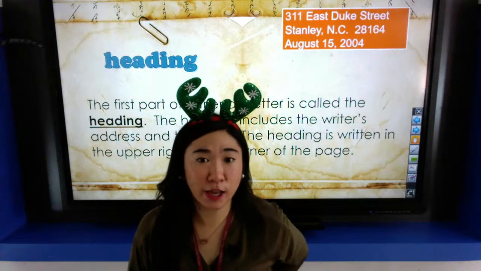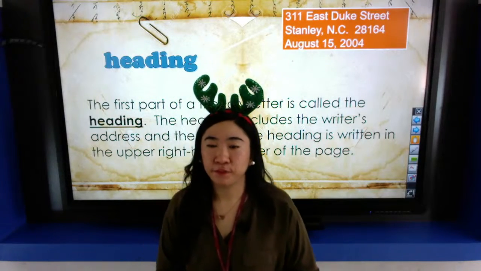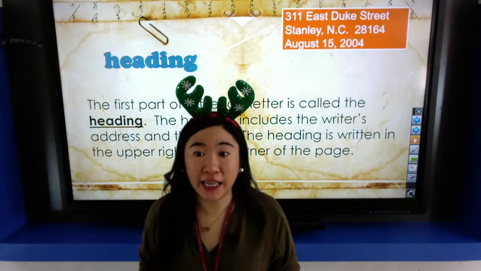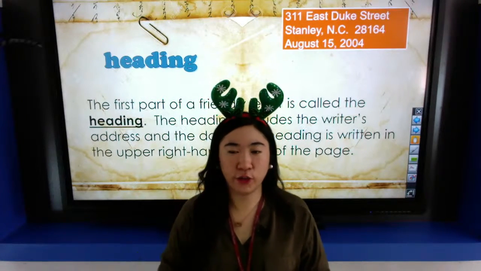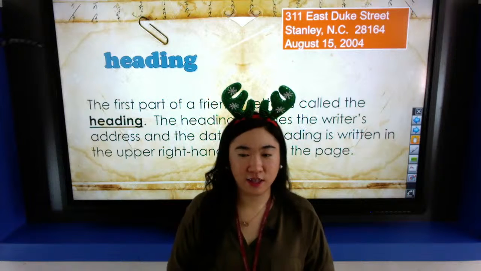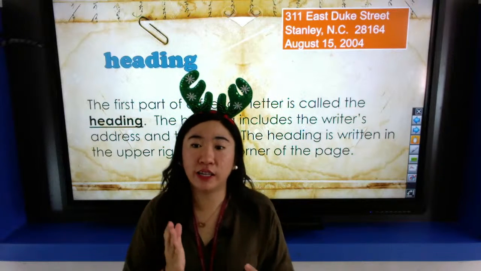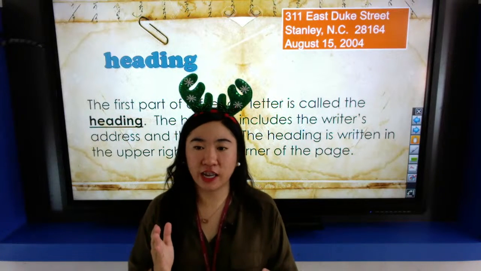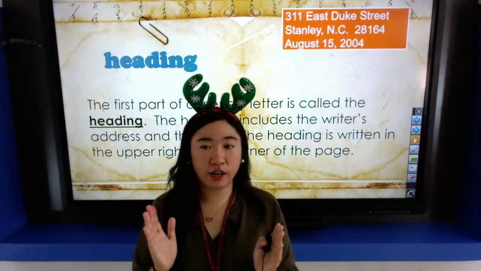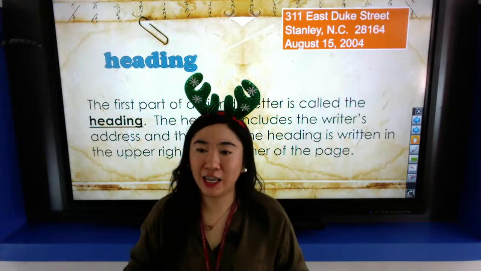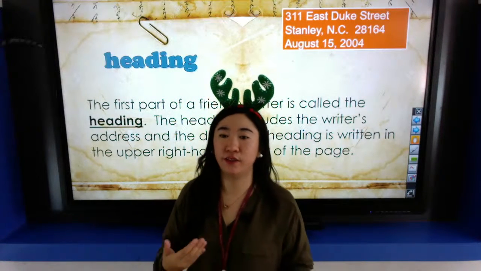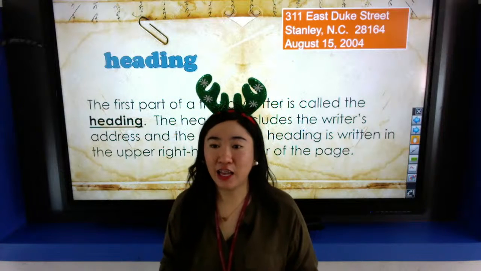Who can give me an example of an address? Address is the place where you live. You can type your address, just a small part, like a street number, an alley, and what district you live in. So that is the address.